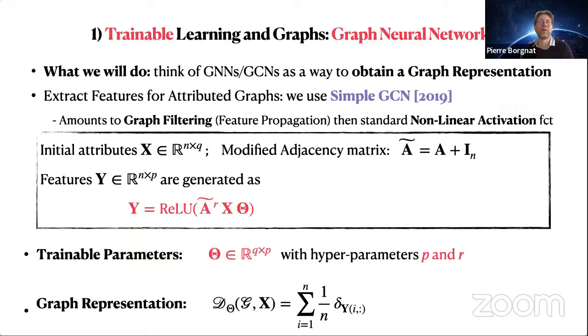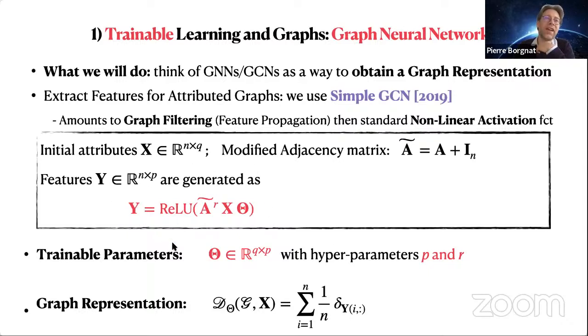So we decided to use the so-called simple GCN from 2019, which amounts to globally doing a graph filtering, then feature propagation with only one nonlinear activation function, as compared to stacking different layers of graph convolutions, like a deep GCN proposed by Kipf and Welling and the variants over that.